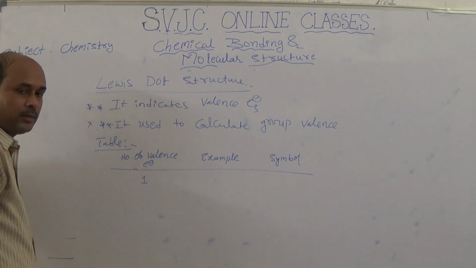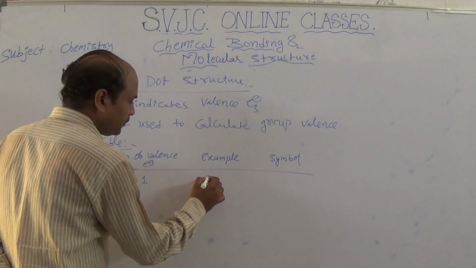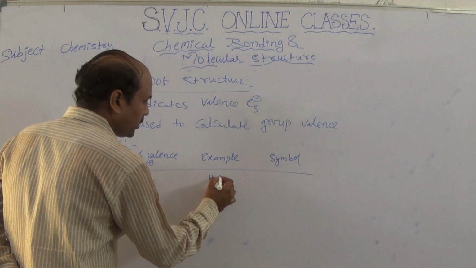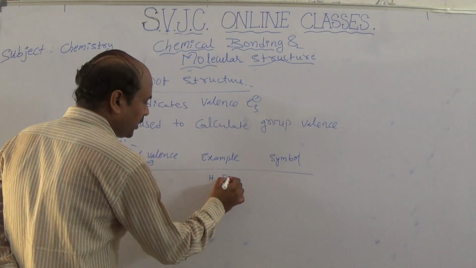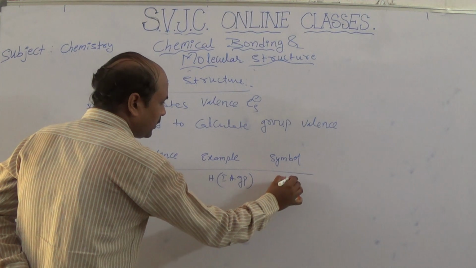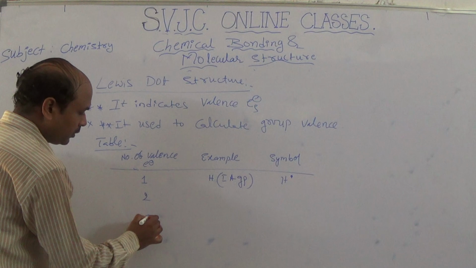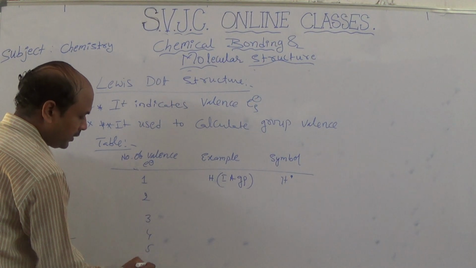Suppose only one electron is present, then the example is hydrogen, or you can also take first A group elements. Next, suppose 2, 3, 4, 5 and 6.